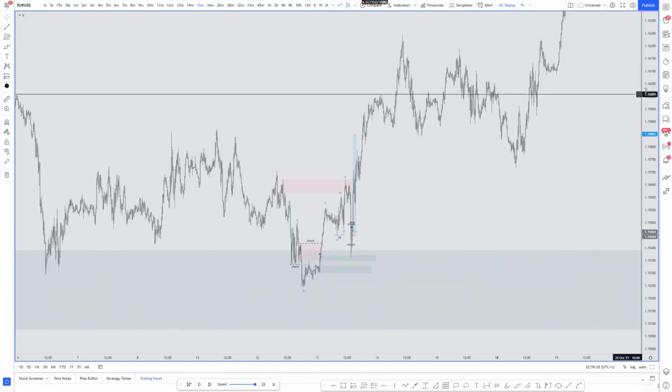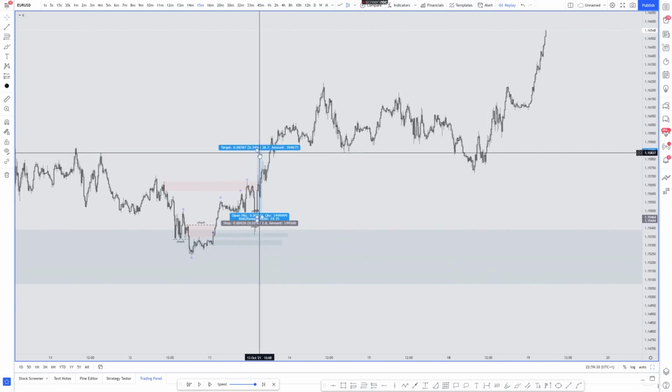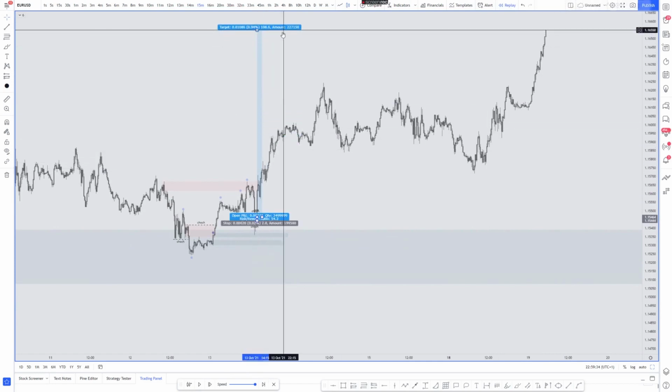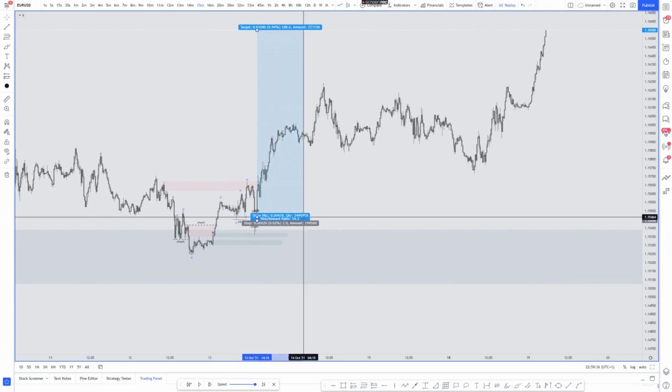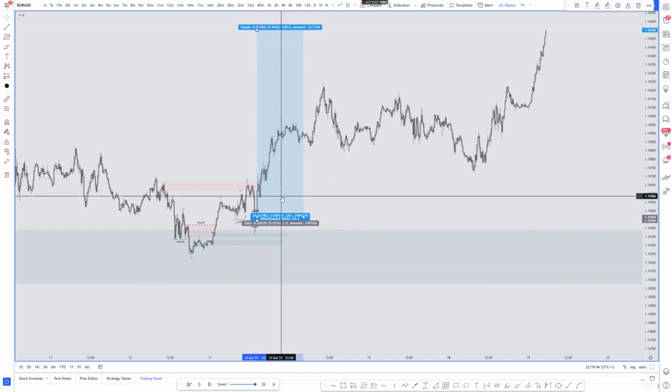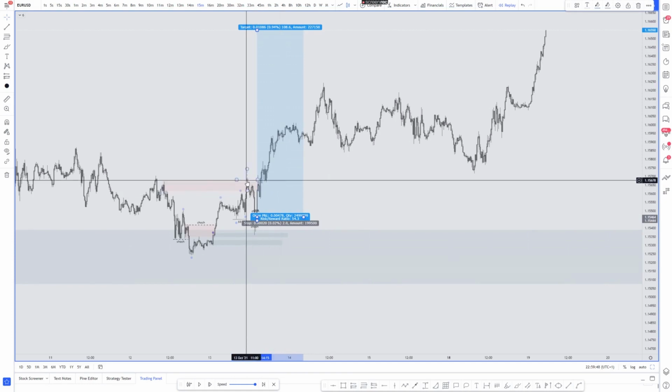So imagine that you did leave 20 or 30% on and this did carry on out. So this trade is at 54R. If you had left just 20% of your trade on after you paid yourself 80% at 10R, which is an 8R. So if this was risking 1% and you closed 80% at the top here, you would have paid yourself 8%.